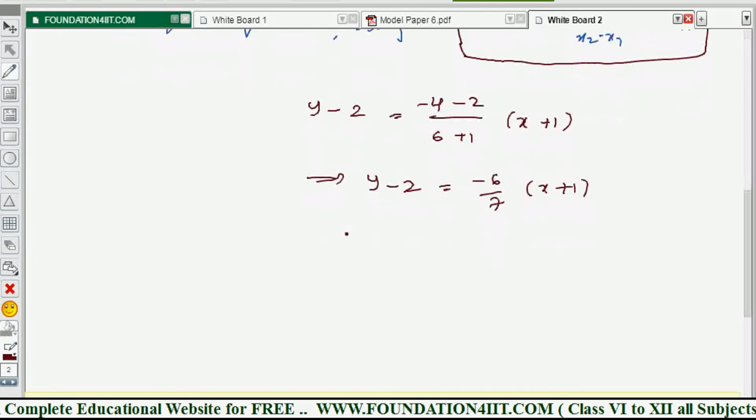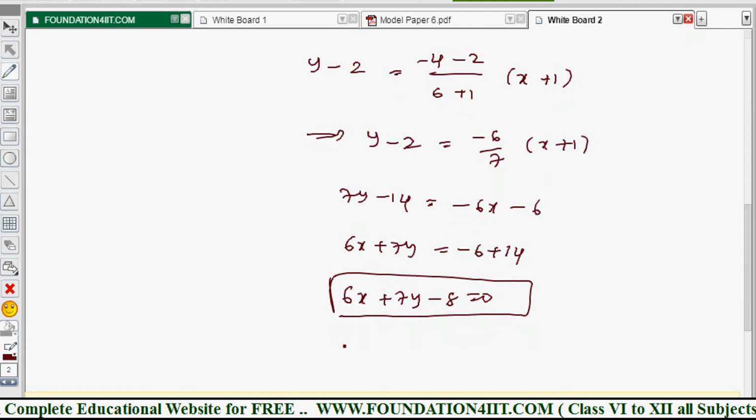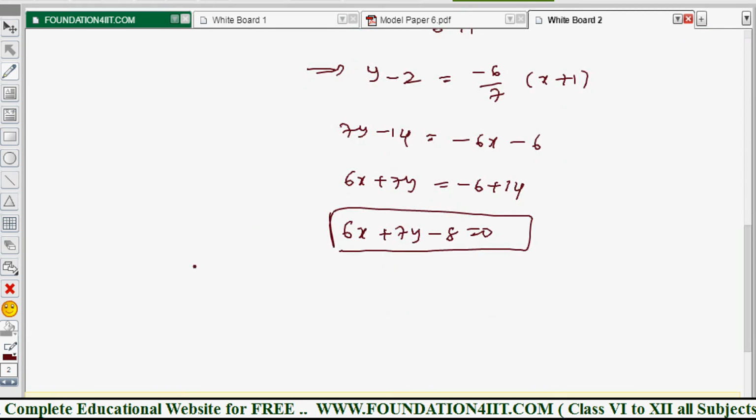So 7y minus 14 is equal to minus 6x minus 6. Take the terms to one side: 6x plus 7y is equal to minus 6 plus 14. Finally 6x plus 7y minus 8 is equal to 0. This is the equation of AM dash.